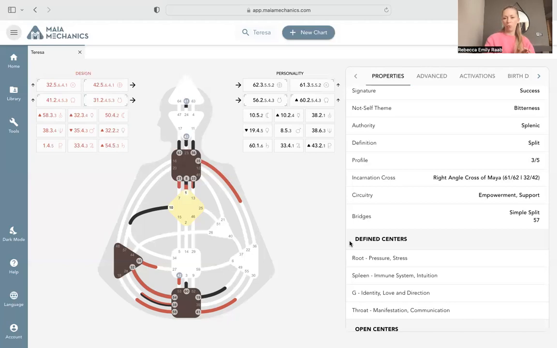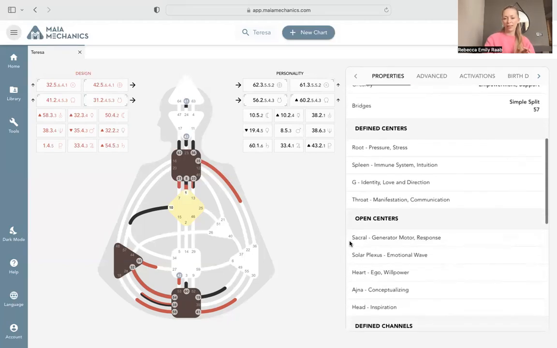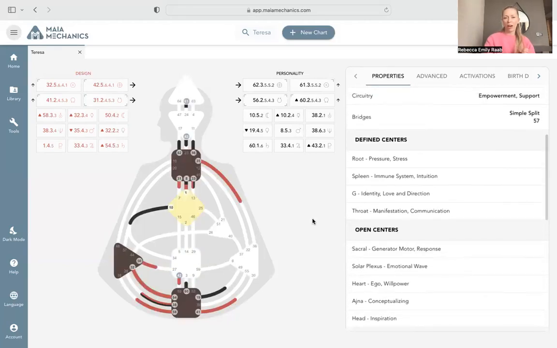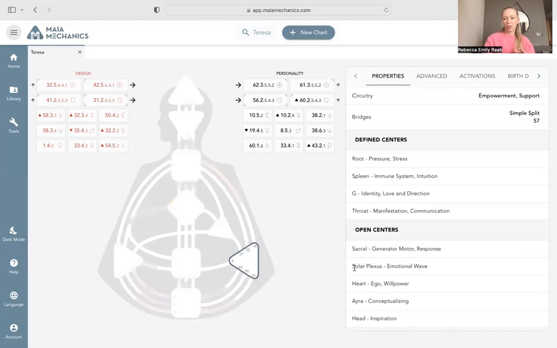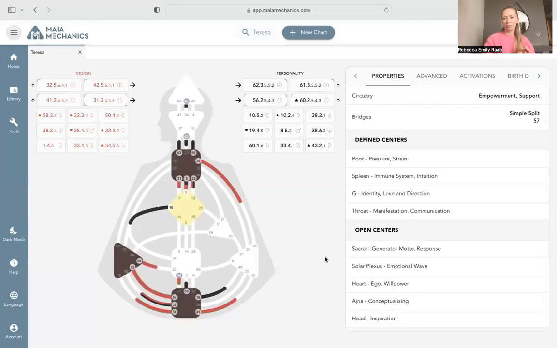And when we partner that with the narratives of those open centers, so you have 5 open centers within your chart. You've got your sacral, your solar plexus, your heart, your ajna, and your head. So when we partner these narratives, I've got to keep moving. I've got to keep doing. I've got to initiate and force something to happen.